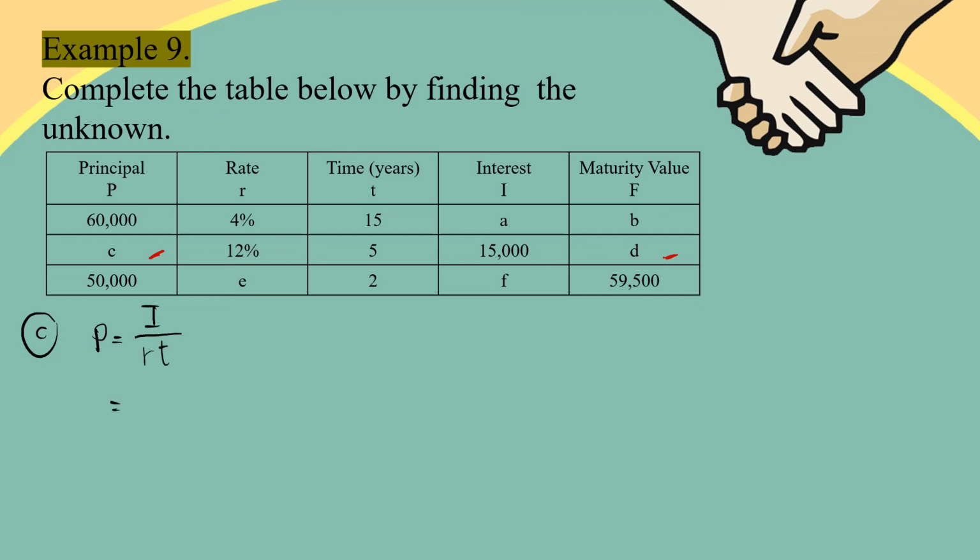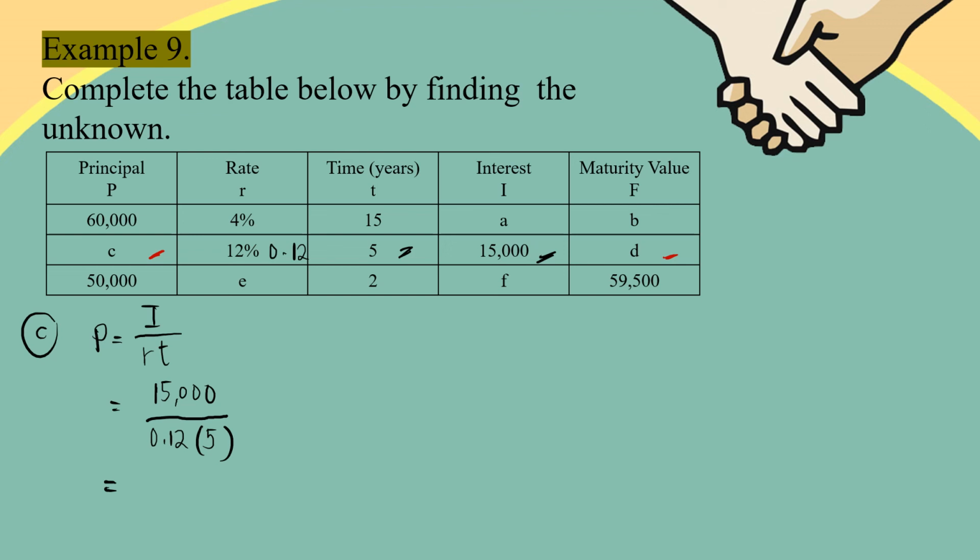So, yung given interest dito ay 15,000. So, 15,000 divided by, yung rate natin ay 12% or 0.12, times time, ang time naman ay 5. So, 5 years. Okay, so input lang natin sa ating calculator.